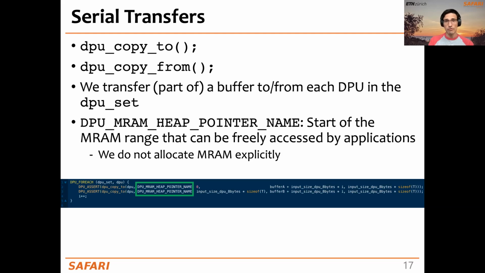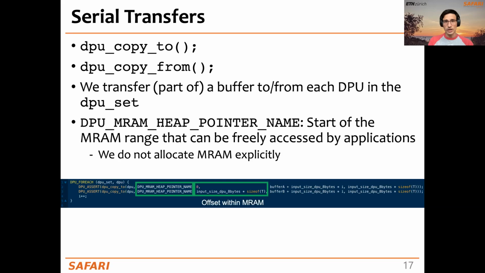And the first thing we have to do when we make use of dpu_copy_to or dpu_copy_from is to indicate the memory area of the MRAM that we are going to access. To do so, we use this DPU_MRAM_HEAP_POINTER_NAME that identifies the start of the MRAM range that can be freely accessed by applications. Observe that we don't need to allocate MRAM explicitly.